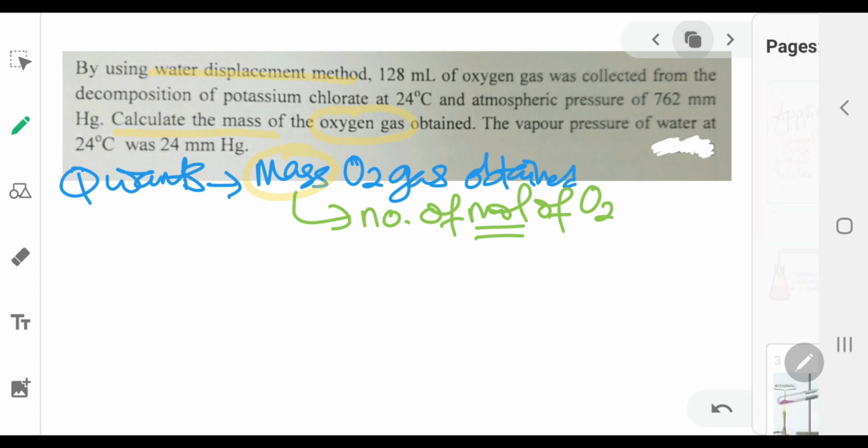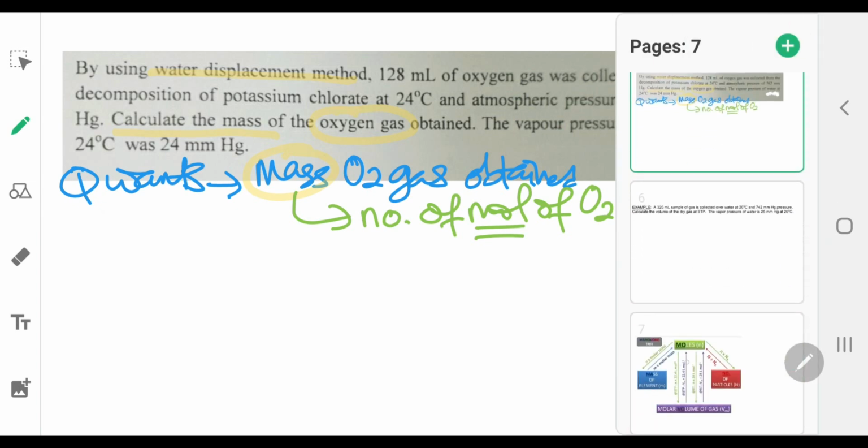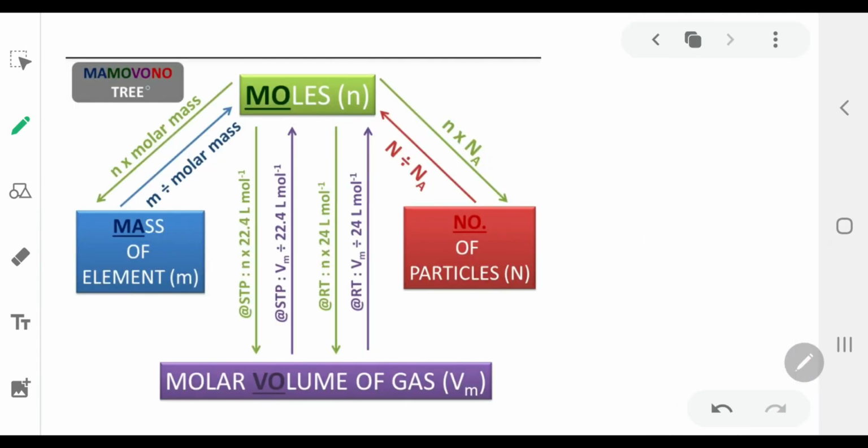Okay, the reason is because if you go all the way back to the MAMOVONO tree, okay, to get mass over here, as you can see, you need to get the number of mole first. When you get the number of mole, you can work that out with the molar mass of the species, and you will multiply with the number of mole, and therefore you would be able to get the mass of the species. Okay?